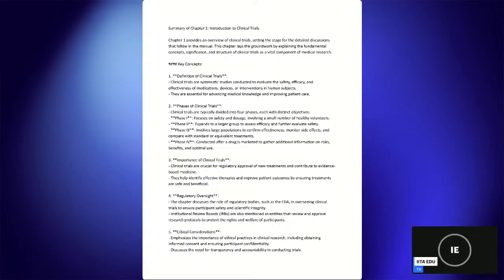We compare the efficacy with what we have on the market, whether it's inferior, whether it's equivalent, or whether it's superior. So we have three levels of comparison.